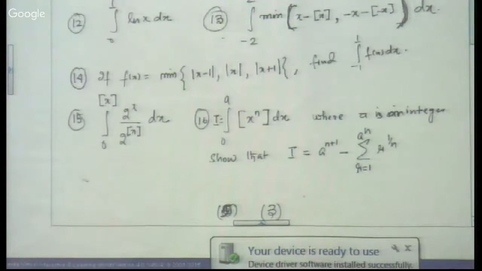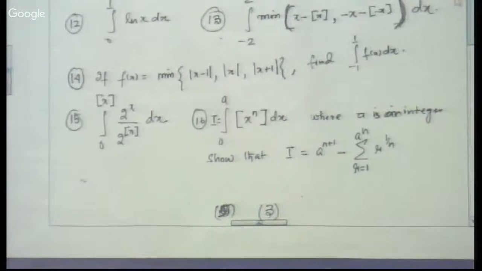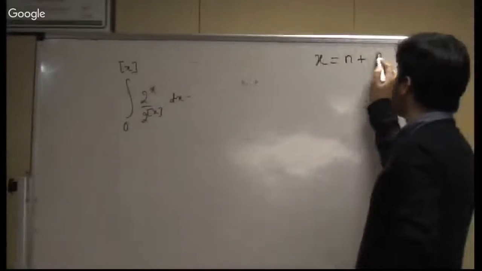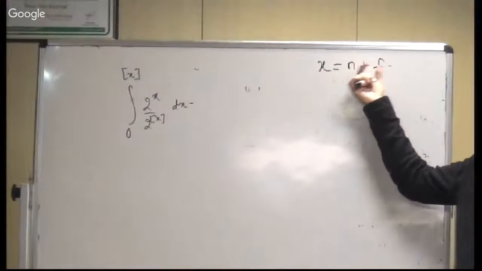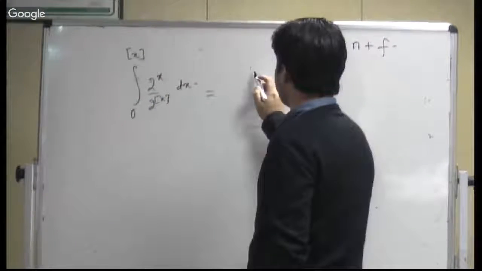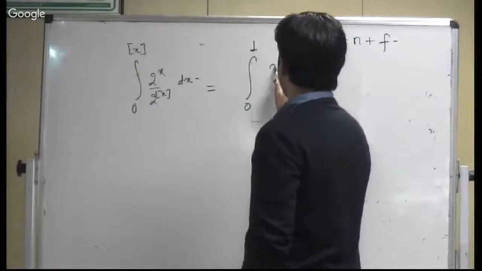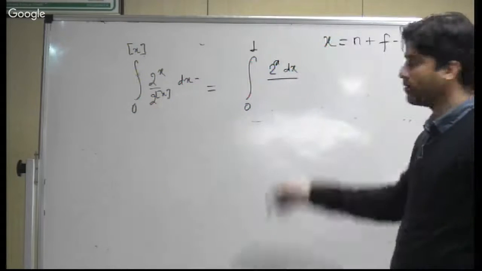The integral from 0 to n of 2 to the power x upon 2 to the greatest integer x. Okay. So how to go for it? Let's say my x is something like n plus f, where n is my integral part and f is my fractional part. So this thing will turn out to be something like integral from 0 to 1 of 2 to the power x dx. What will this be from 0 to 1? 0, that is 1.